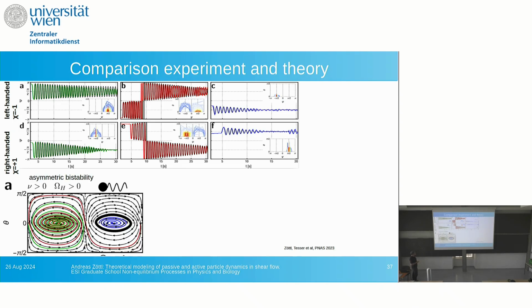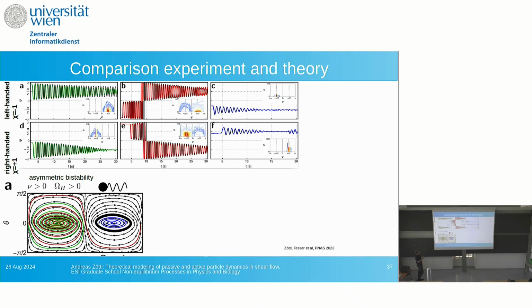Yes, and as I said, there was a third term due to gravity. Actually, the gravity is doing something here. But what I want to focus on is that when we had this orientation phase space for the axisymmetric one, here and here it looked the same. But now there is this left-right symmetry breaking. If you oscillate somewhere here, you can flip to the other side. It's exactly this process here.